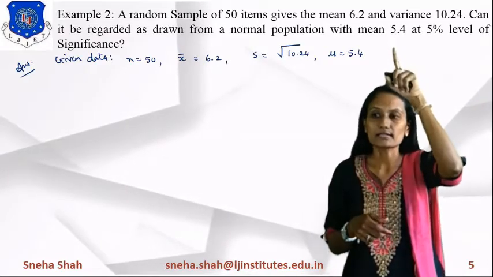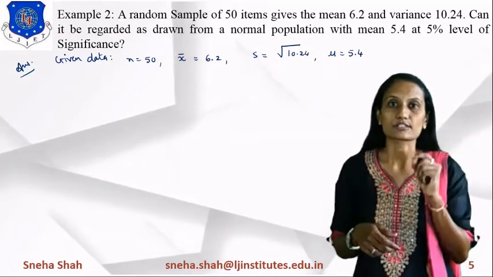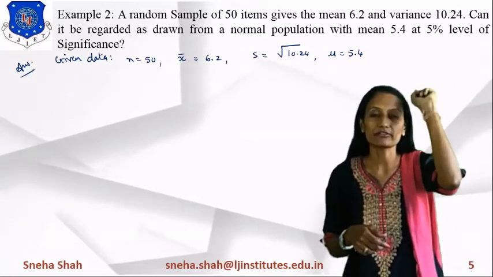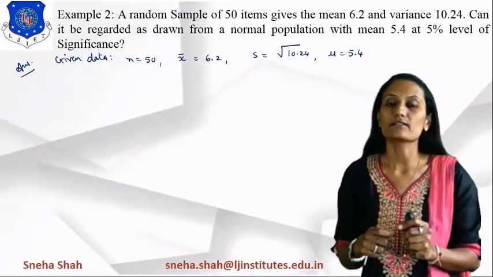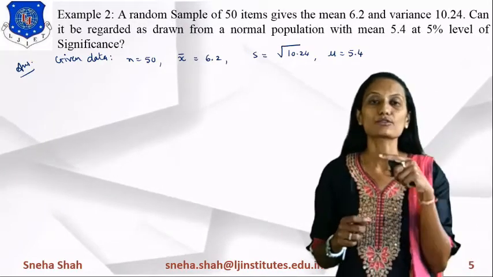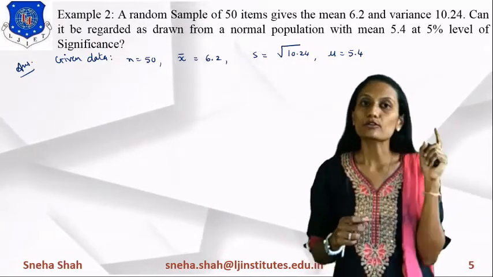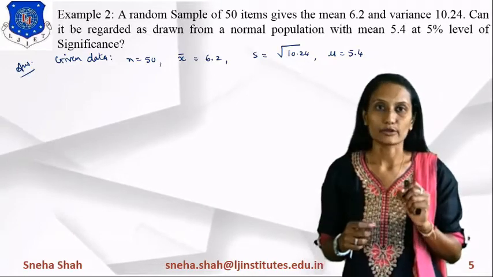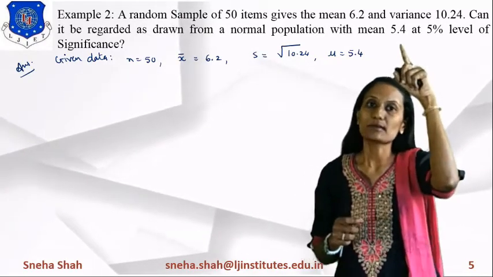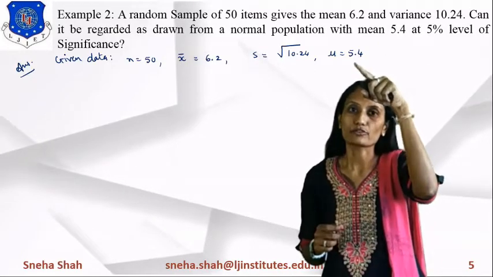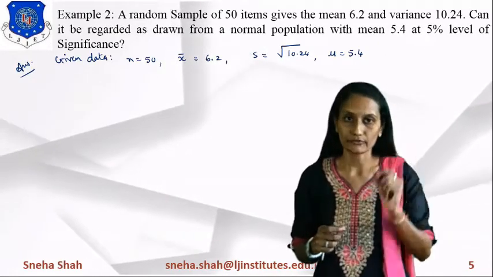The mean value is 6.2, meaning x bar equals 6.2, and the variance equals 10.24. So to find the standard deviation, it equals the square root of the variance, so the square root of 10.24, right? And the population mean, mu, will be considered as 5.4.